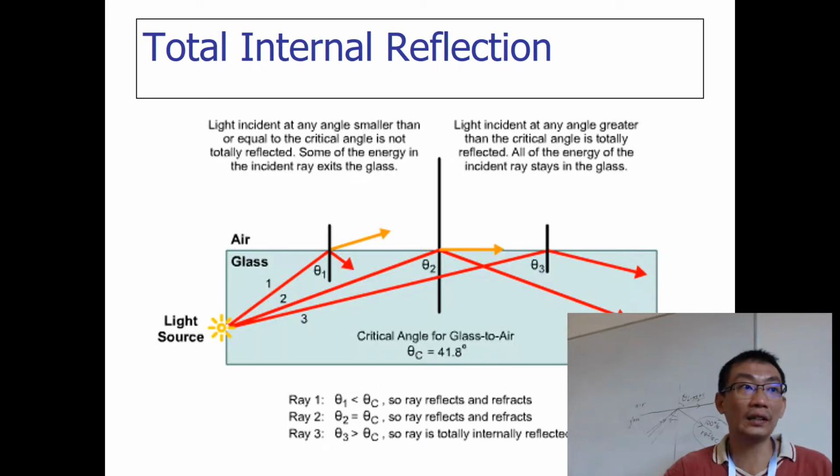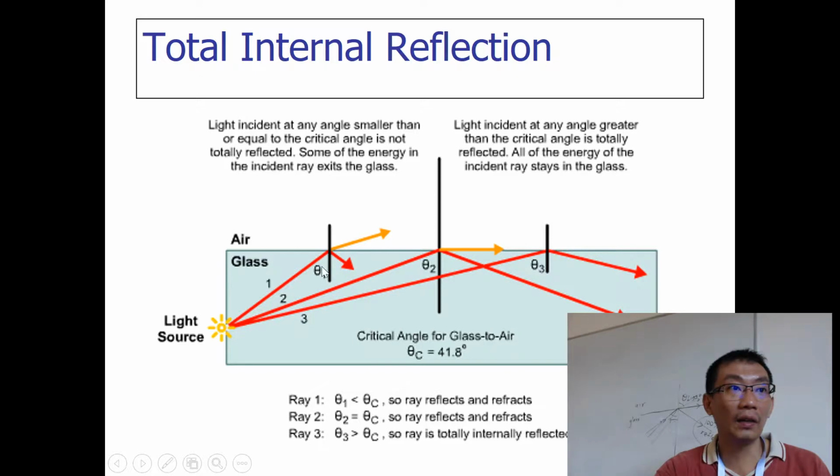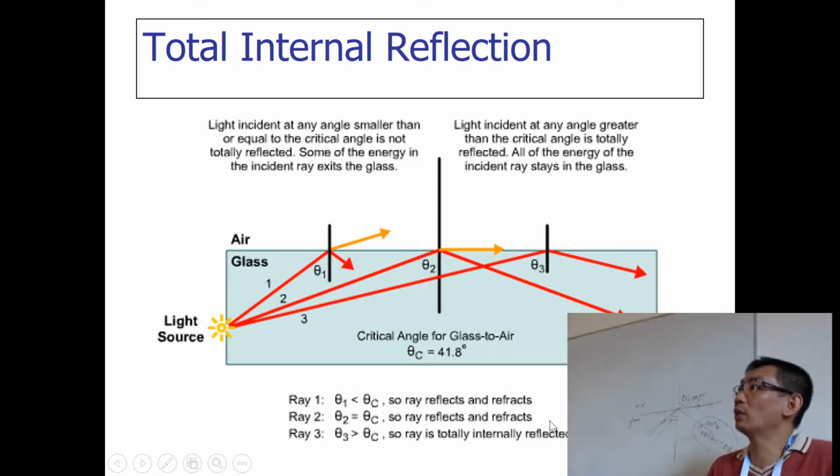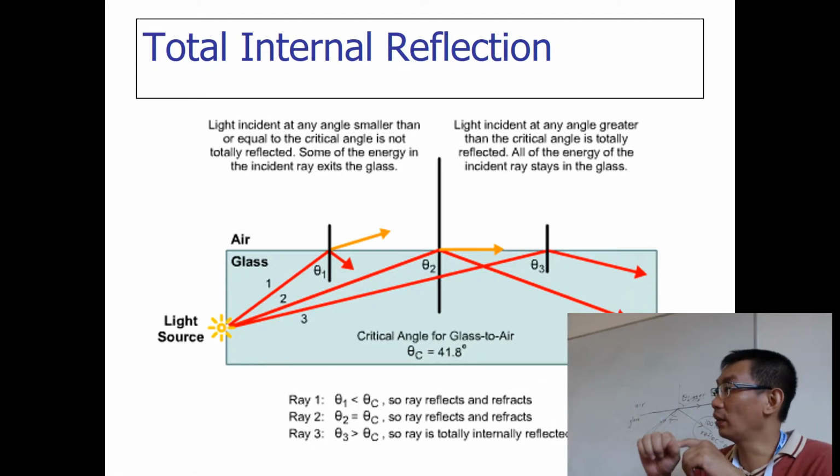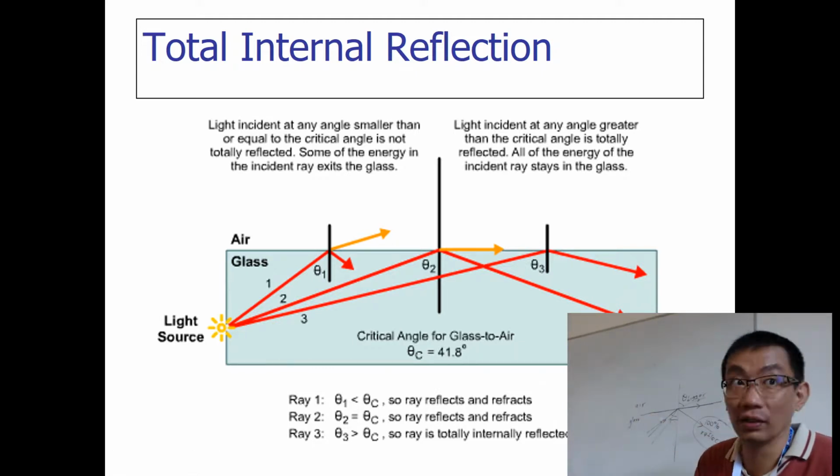So you can see after first theta 1, some of the energy goes up inside the air. But when you reach theta 3, the critical angle, it will be totally internally reflected. So this is what we want inside the fiber. All the light is reflected inside the fiber itself.